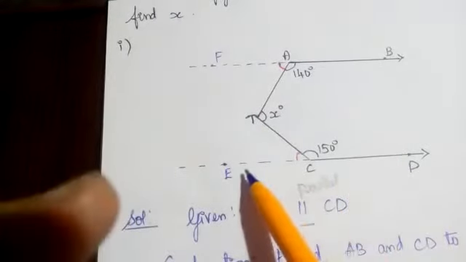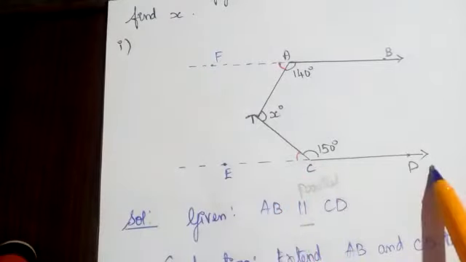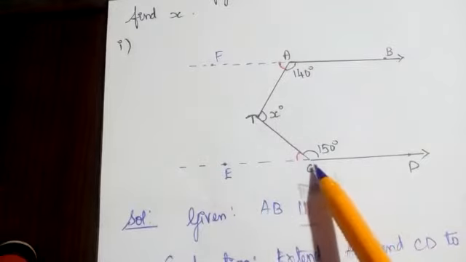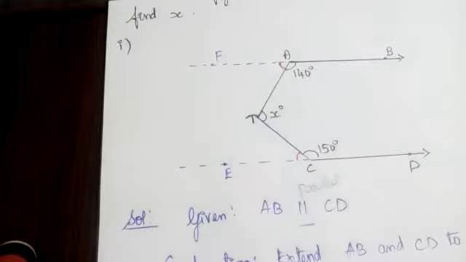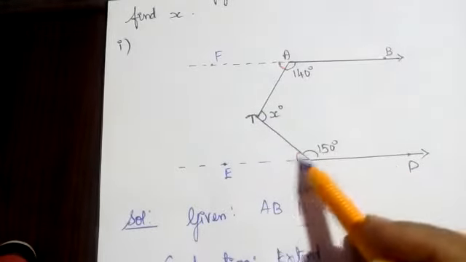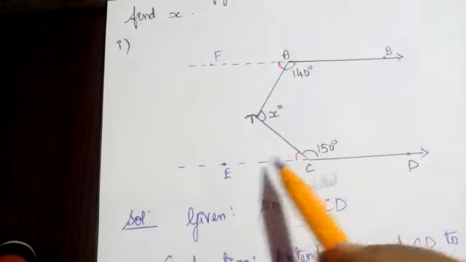Here the angle is this, it is a straight line, isn't it? In the straight line, a ray is standing. In a straight line the ray CT is standing. If a ray stands on a straight line, then the sum of the two adjacent angles is 180 degree. Am I right? What are the two adjacent angles?